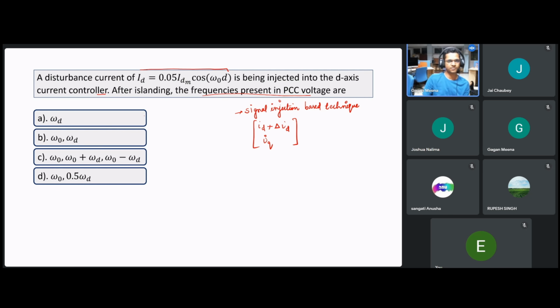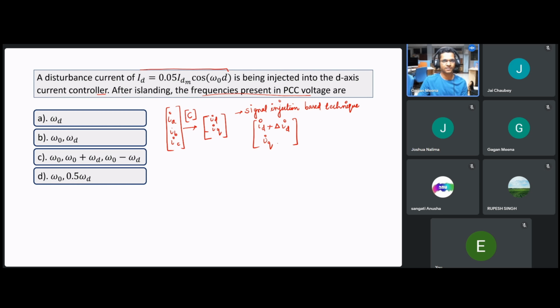There is some IQ current also. From the phase currents I_A, I_B, I_C, we go to this DQ frame, ID and IQ, by some suitable transformation matrix.